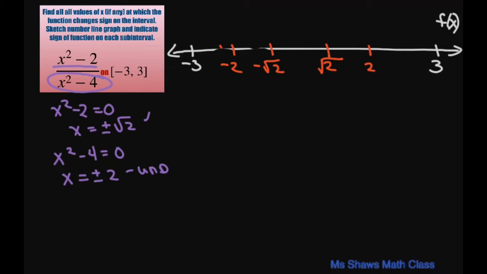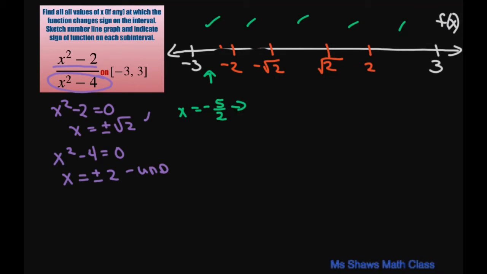All right. So we've got a lot of subintervals. We've got 1, 2, 3, 4, 5 subintervals we have to test. So let's test a point in this first subinterval. So we're going to let x equal -5/2.